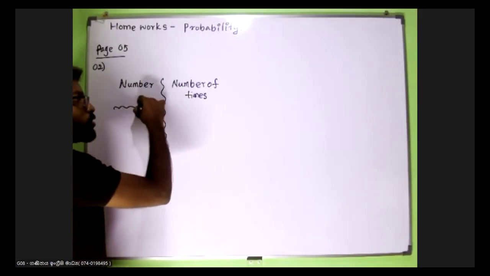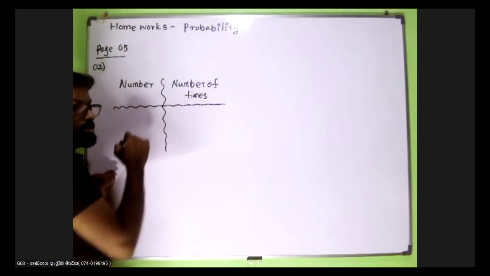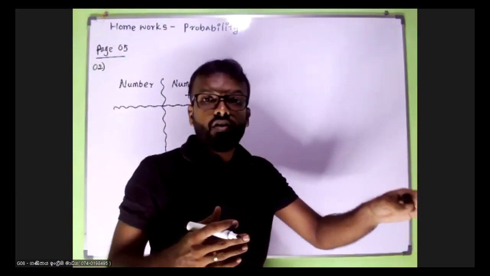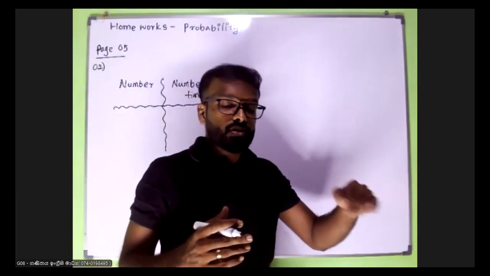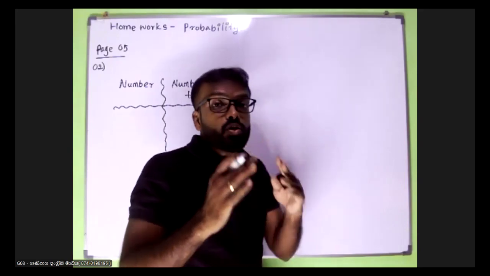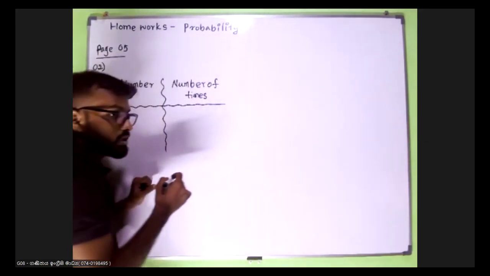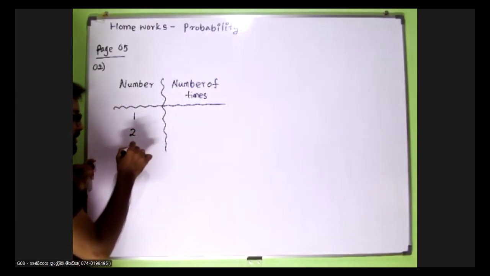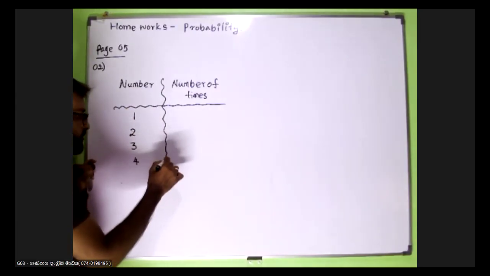So all you have to do is look at this table and provide the answers to the questions they have asked. So number 1 face, number 2 face, number 3 face, number 4 face.